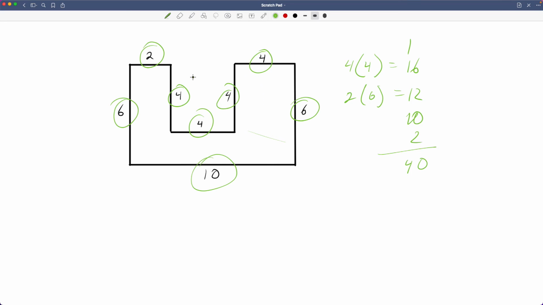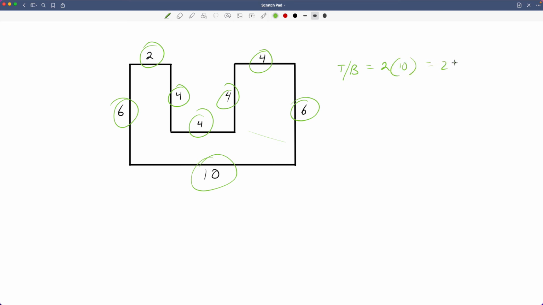So that means that also the left and the right are going to be the same. So the left and the right is going to be 2 times 6. That's 12. So we've taken care of all of the top, all of the bottom, all of the left and the right. So now all we have are these 2 4s here, and that's the inside left and right, and that's 2 times 4, which is 8. When we add that up, we get 40 again.